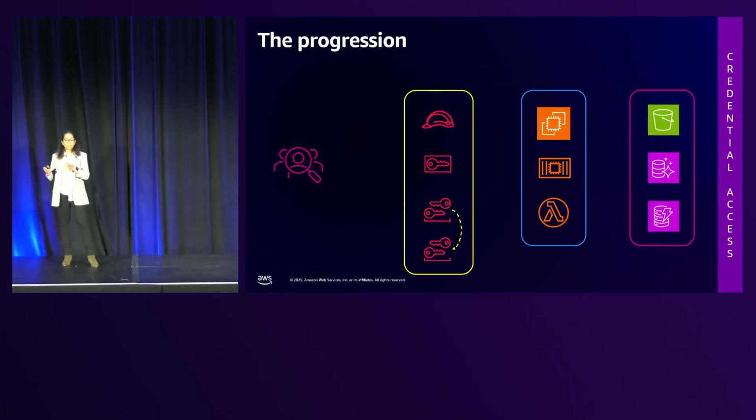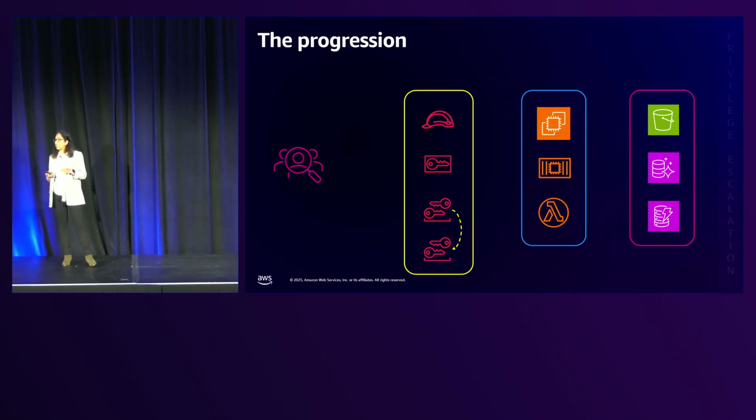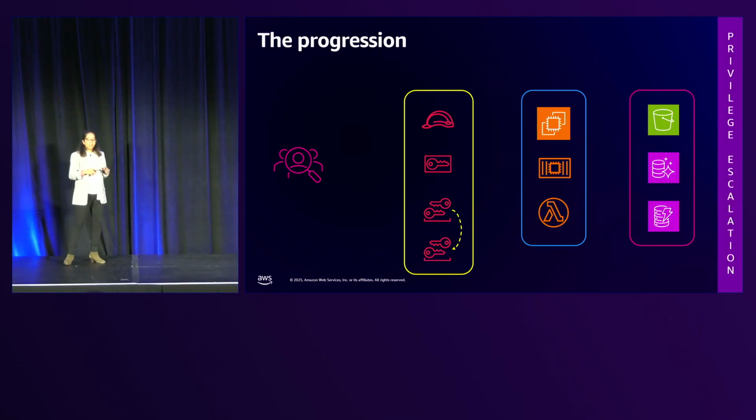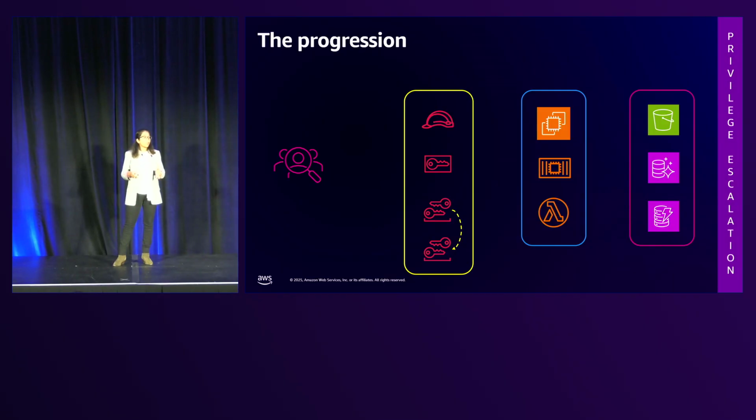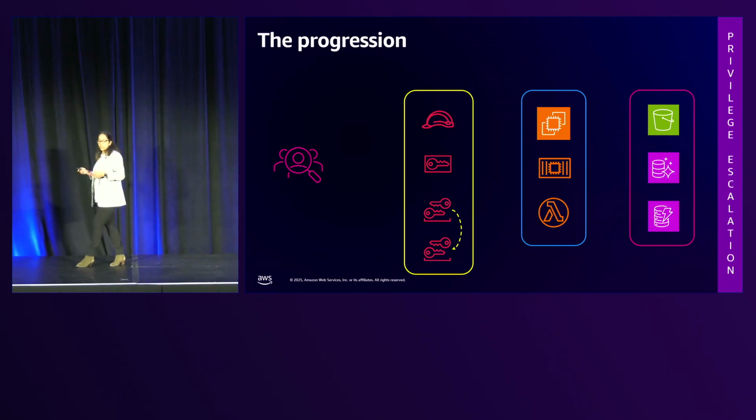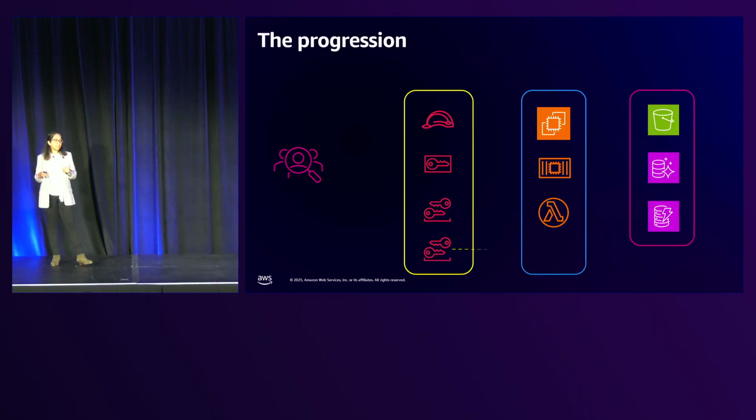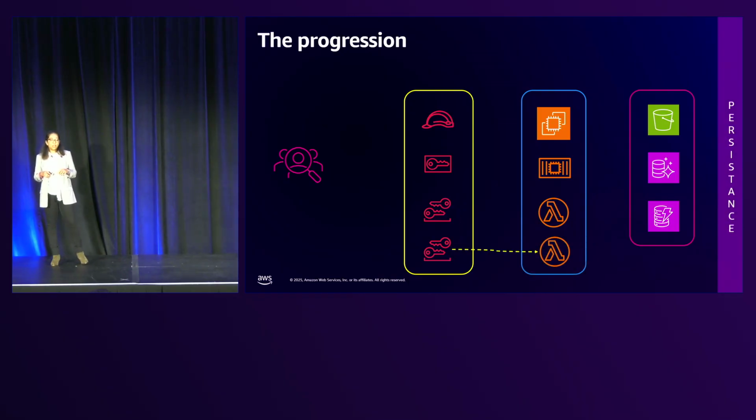Now we're moving the threat to the credential access stage. Now the threat actor can then add permission to create new resources or create new IAM roles and also access your data through those new resources that they have created. Now this leads to a privilege escalation stage. Now from here, a series of events will kick off.